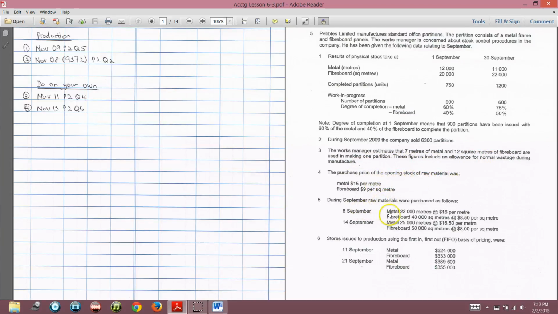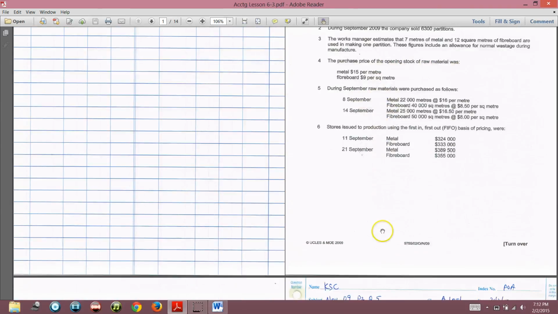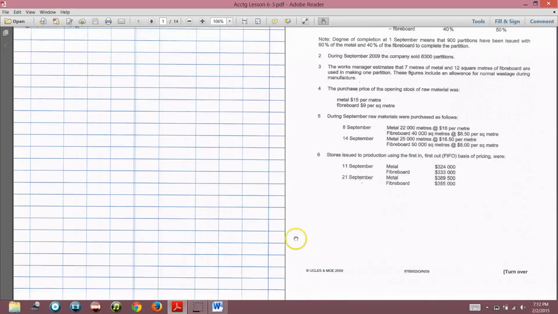Okay, so now can we drill into our mind to digest what the question was? Calculate the quantity of metal and fiberboard issued to production in September. Then he says that during September, raw material were purchased as follows. This is the raw material purchase. So now we can understand, from purchase, the purchase will go to the store.